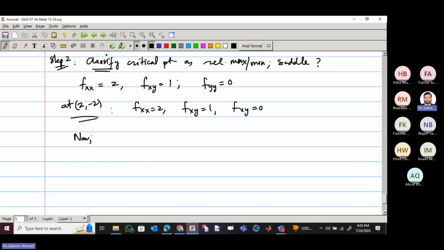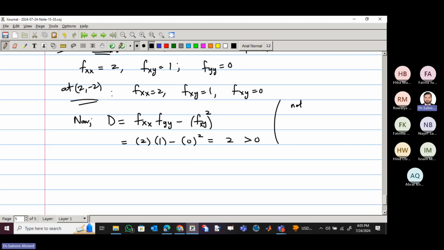Now, step 3 is to calculate D. D is fxx times fyy minus fxy whole square. So you put the values of fxx, fyy, and fxy and you get 2. If it is positive, then go ahead.